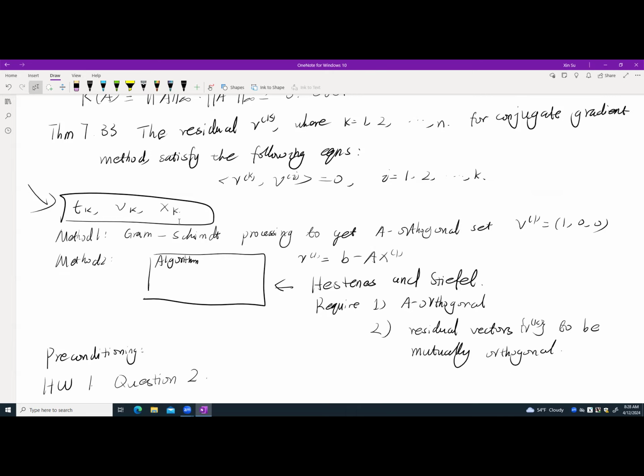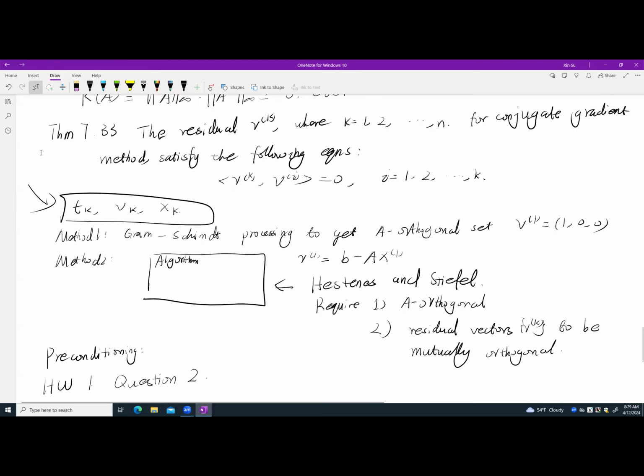You can simplify the Gram-Schmidt process by taking away the normalization step, and in that way you will get A-orthogonal sets. The full Gram-Schmidt process has one step to do the normalization, and that's the case where you get A-orthonormal. But for the conjugate gradient method, you don't need the orthonormal set because we just need the directions. We don't need the unit vector.